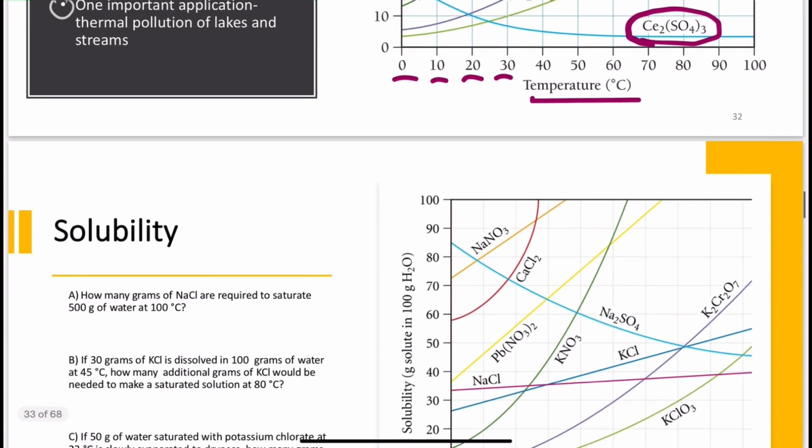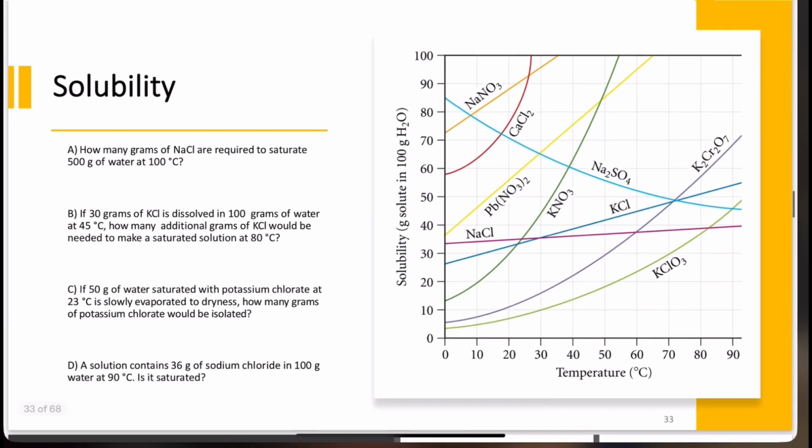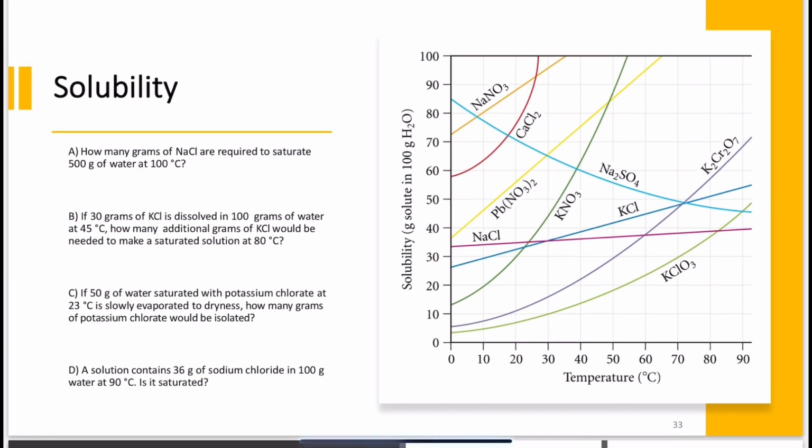So I'm going to scroll back down here. I found that sodium chloride required 40 grams. I'm hitting all kinds of things with my iPad, I apologize. It was 40 grams of NaCl per 100 grams of water.